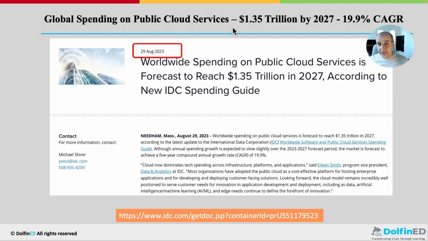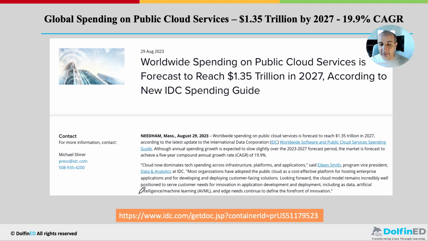If we look at another view, spending on public cloud services, by IDC, they anticipate that by 2027, 3 years from now, it's going to be $1.35 trillion at a growth rate close to 20%, or 19.9% annually. That's a lot of money.